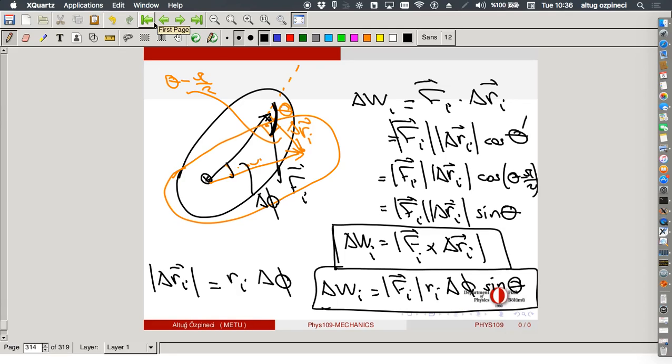The change now is an arc. Now, the change in a vector is never an arc. That particular point on the rigid body moves along an arc when it rotates. But the displacement, the change in a vector, is always defined as the final vector minus the initial vector.